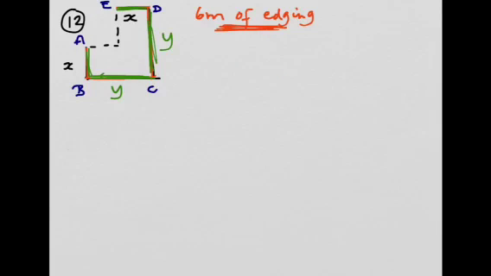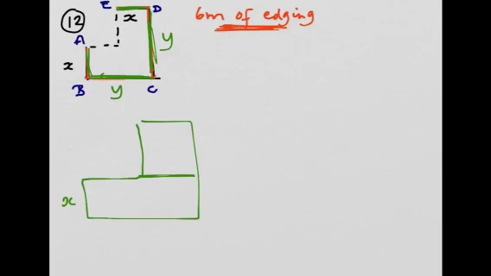Okay, the second part of the question is the area. So we have to maximise the area. So we've got a picture which looks something like that, and we need to work out the area. So if I split it up into 2 shapes, what do we know? We know this is x, we know this is x, and we know this is 3 minus x. We also know that this whole distance here is 3 minus x.